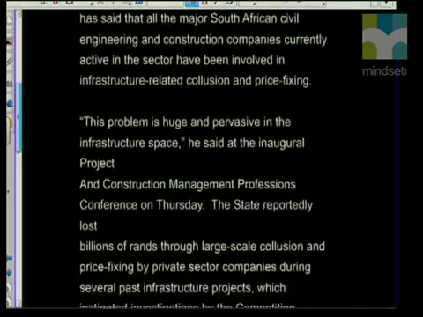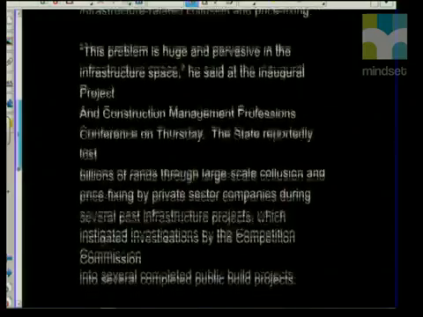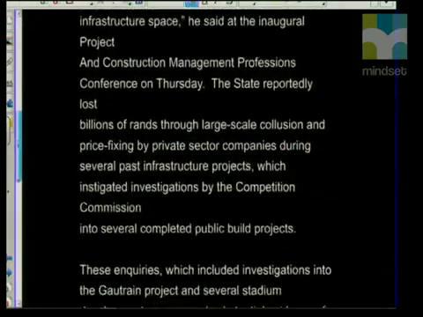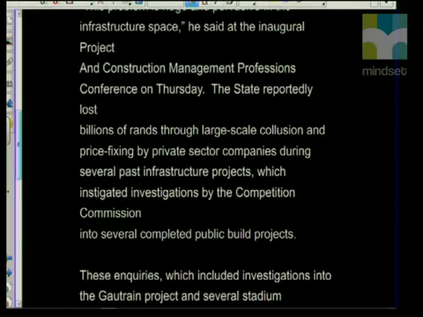Obviously, it is a huge problem, and they refer to the result of this price fixing and how it affects people. And I'm going to underline the important words here. The state reportedly lost billions of rands through large-scale collusion.